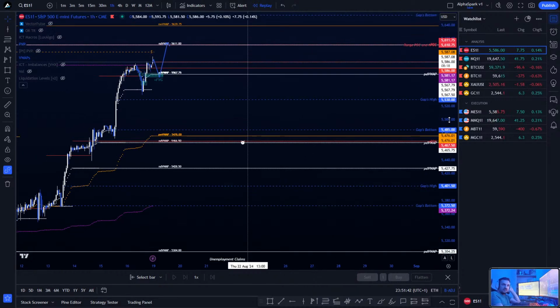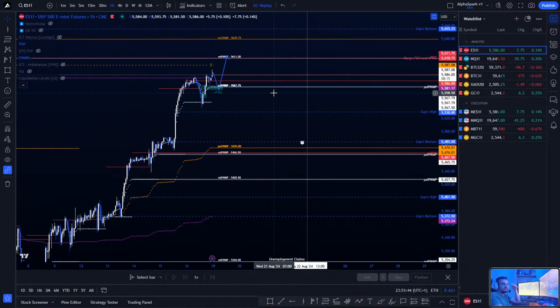Because that would mean this plan is actually looking interesting. During London or New York, do this going up, because oftentimes Monday is a fake move.